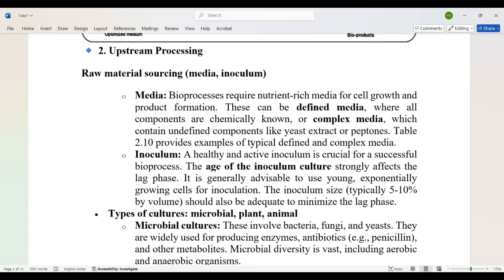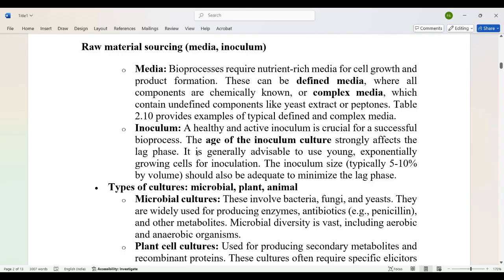So you can consider these superficial notes, I can say, because this is not in detail notes. If you want to refer in detail, you can go and refer to Shuler and Kargi. You can treat this book as a textbook of bioprocess engineering. We are using it since many years. So don't worry about these parts. These you can confirm and refer for taking more information. So basically this part is from chapter 2, right?